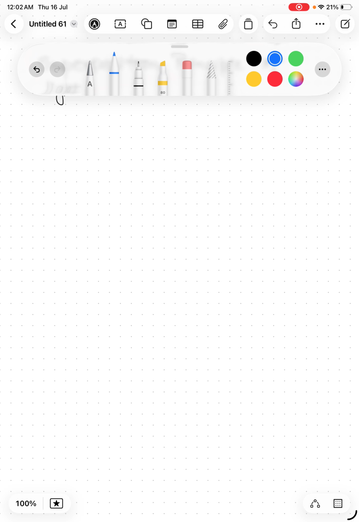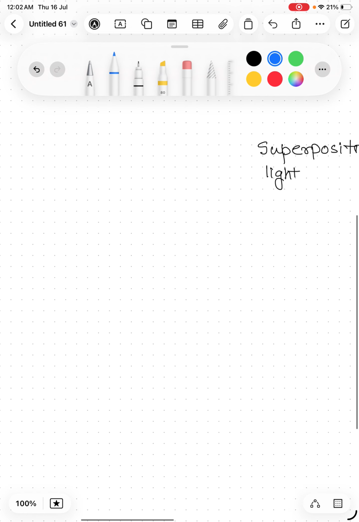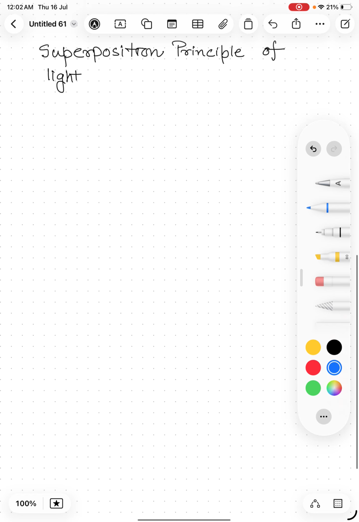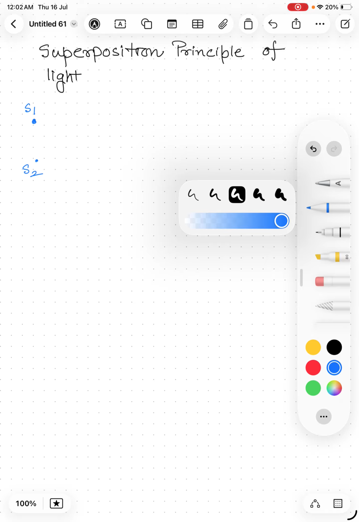Basically, what we want to do, as we have said in the class before, is consider two sources of light, S1 and S2, and a point P, with light rays coming from these two sources and reaching this point.